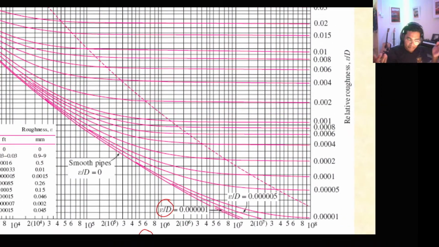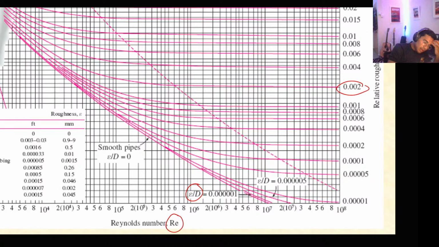Okay, let's say our roughness is 0.0002 and our Reynolds number is 10 to the power of 5. So we follow this line here, and see where it intersects with the other. I don't think I should use red. I think I should use green. Okay, a bit visible.